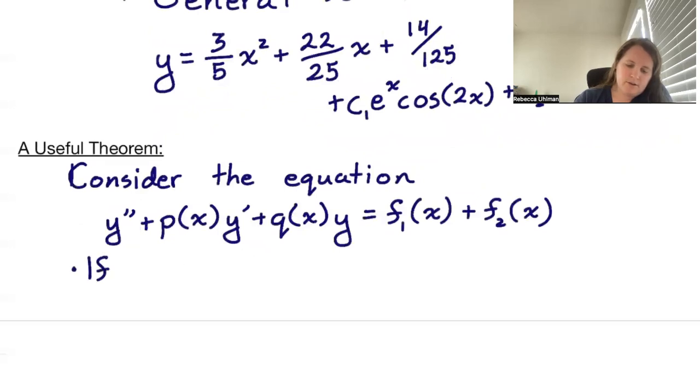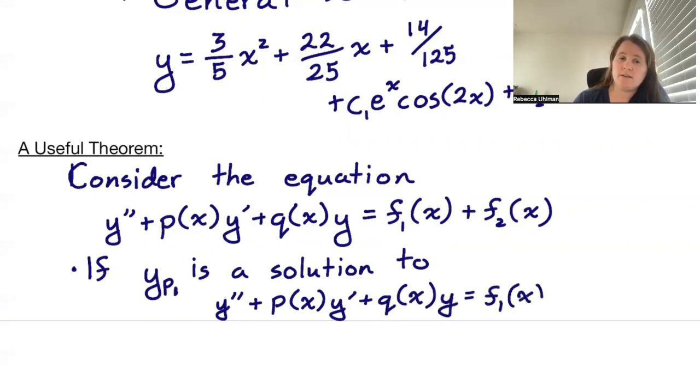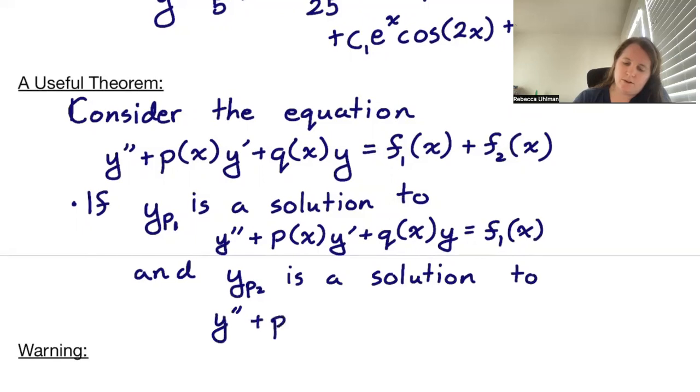Then let's say yp1 is a solution to y double prime plus p of x y prime plus q of x y equals f1 of x, and yp2 is a solution to y double prime plus p of x y prime plus q of x y equals f2 of x.